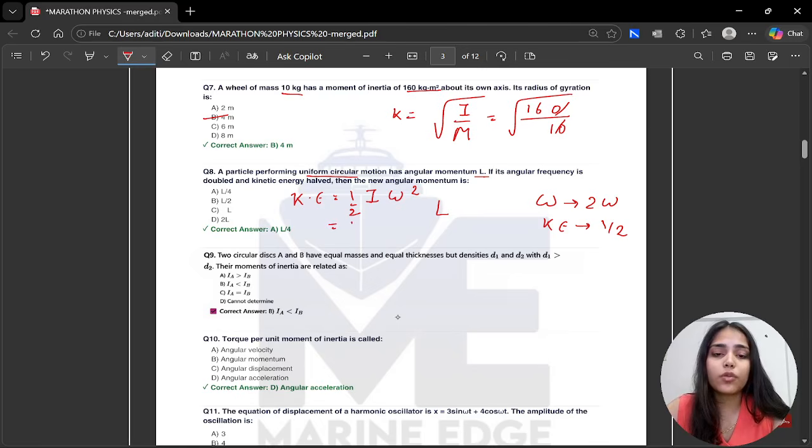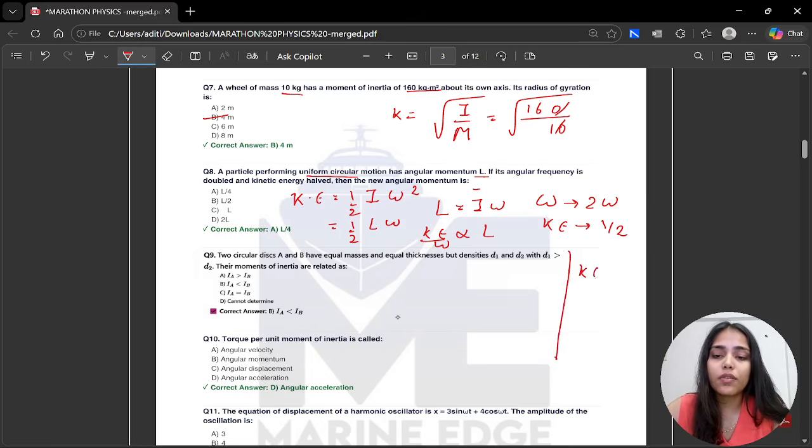K is equals to 1 by 2 L omega, because we know that L is equals to I omega, right? So using this equation, we can write KE upon omega is proportional to L, right? Kinetic energy upon omega is proportional to L. Now, as the question suggests, kinetic energy becomes 1 by 2. So I'll just solve it here itself.